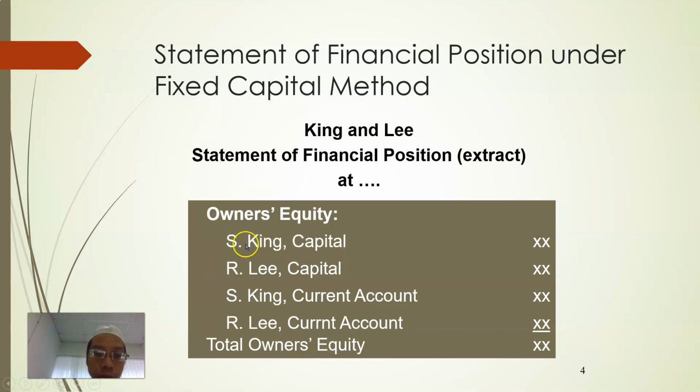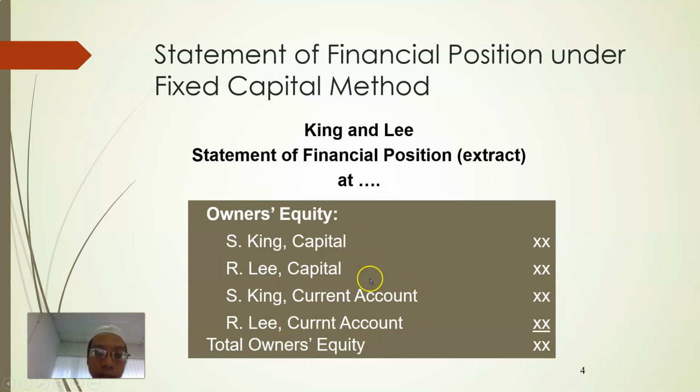So you see here that the first will be the capital account of each of the partners. These capital accounts will not change based on the share of profit or the interest on capital or drawing, as well as the salary of the partners. But those transactions will impact the current account.